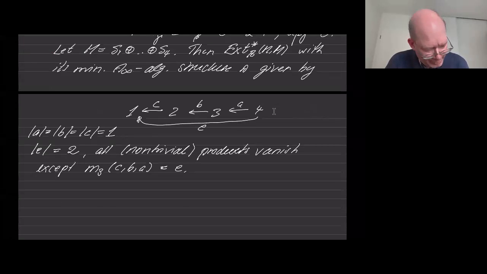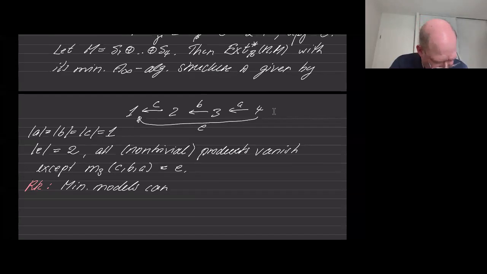In general, there are several methods for computing minimal models. How do we compute minimal models? There are at least two methods I'd like to mention. One method is very classical.